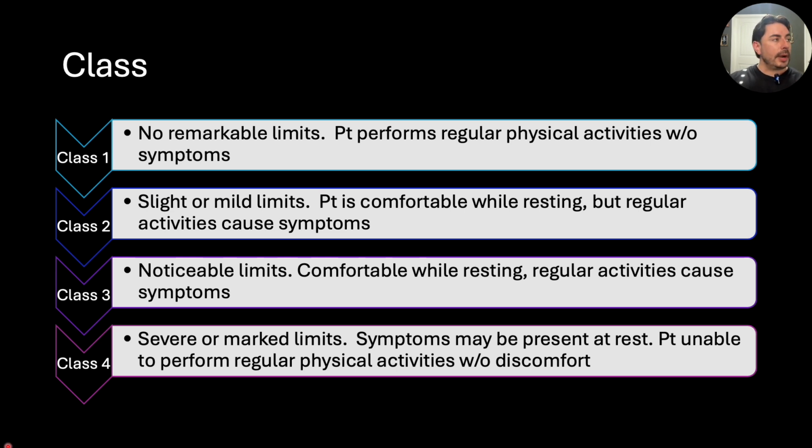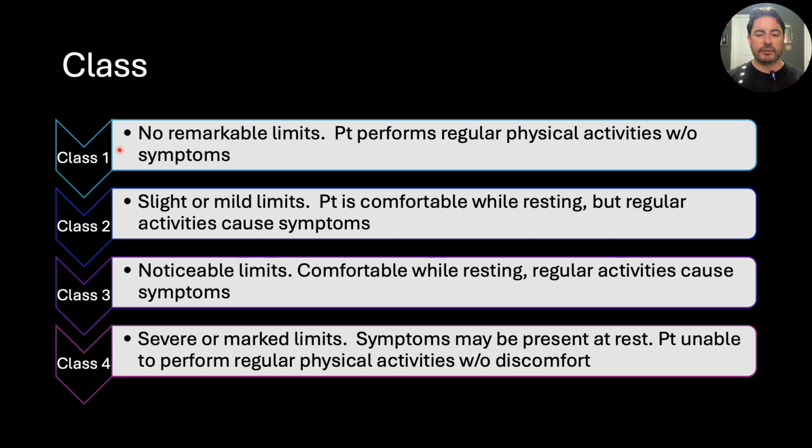When we look at pulmonary hypertension, we have four different classes. One is the most mild or the most benign, to a 4 that is the most severe. So when we look at the classes, the lower the class, the least severe the symptoms and the identification.